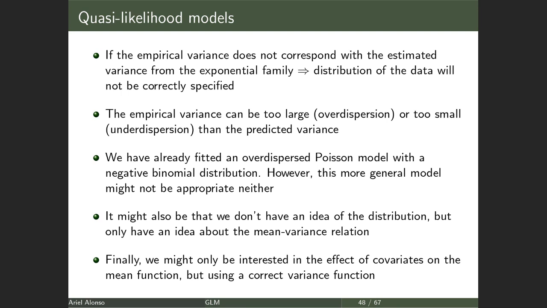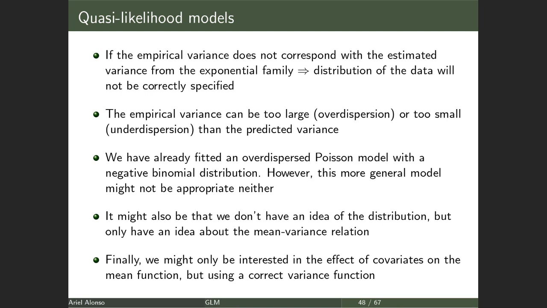It happens, for instance, very frequently in Poisson, because the Poisson distribution implies that the mean is equal to the variance. And what you observe frequently is that you have a problem of overdispersion. The variance seems to be larger than the mean, and the model says it should not, it should be the same. So sometimes the empirical variance does not correspond with the variance the model states. The empirical variance, for instance, can be larger than what the model predicts.